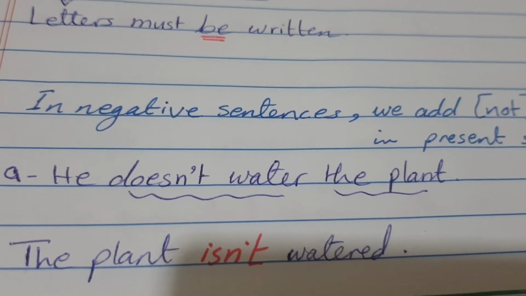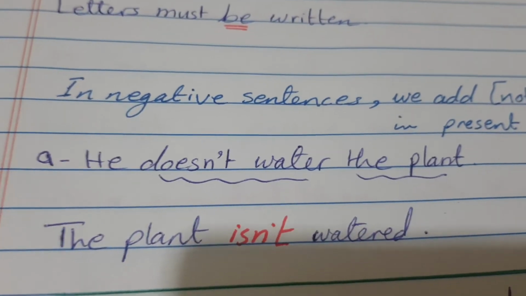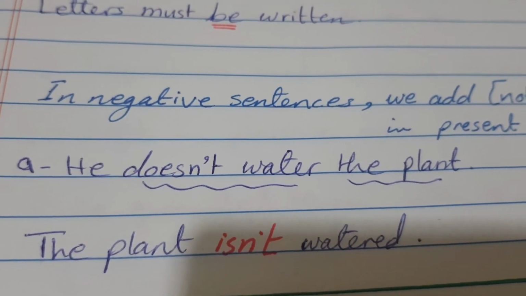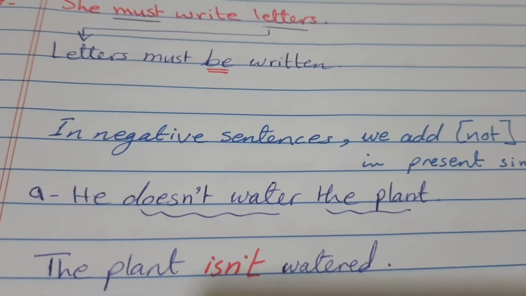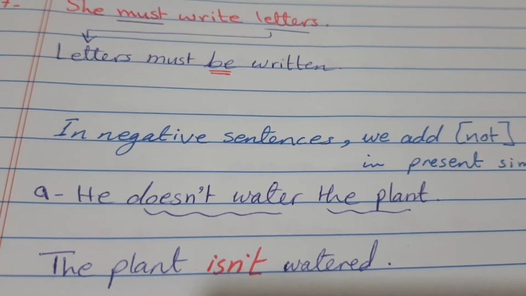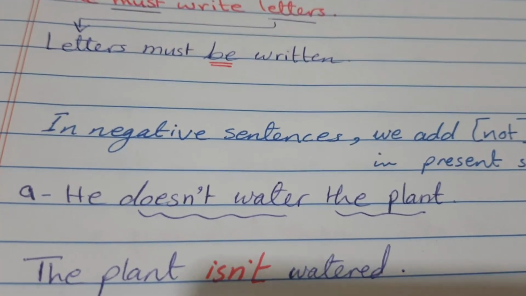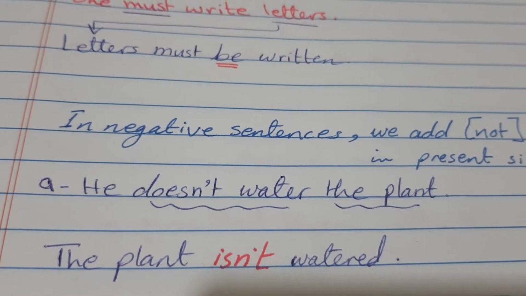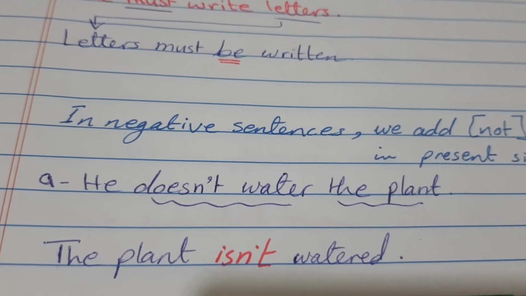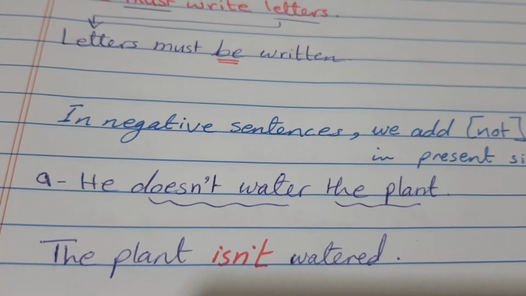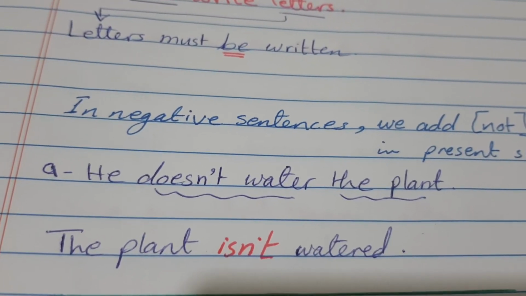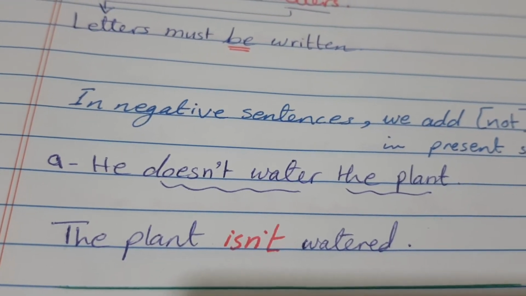For example, another sentence. Let's say they didn't find the dog. What do we say? Let's do it orally. I haven't written this one. They, again, didn't find the dog. Where is the verb? Didn't find. What tense?